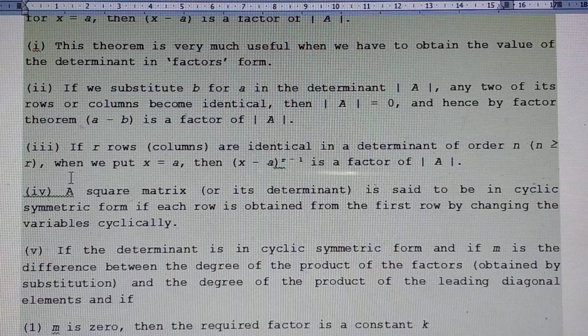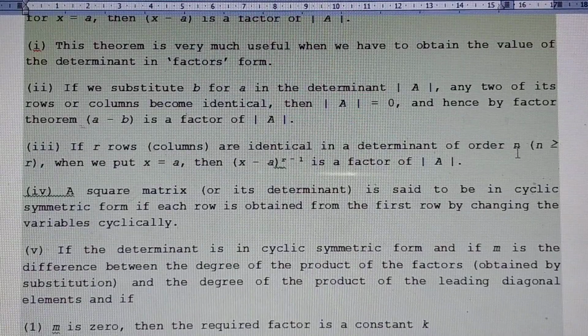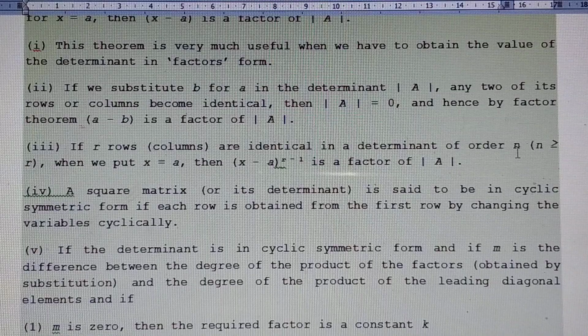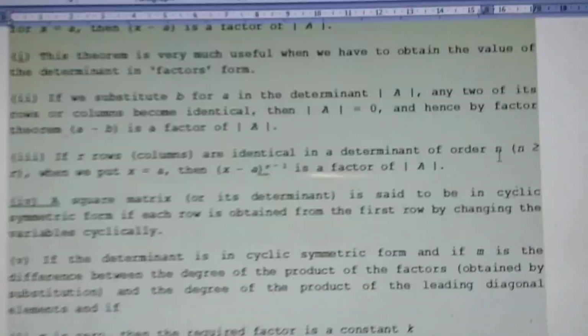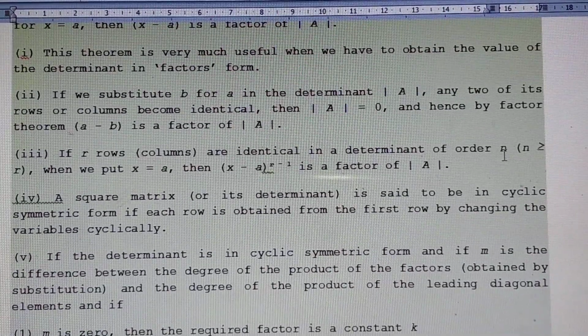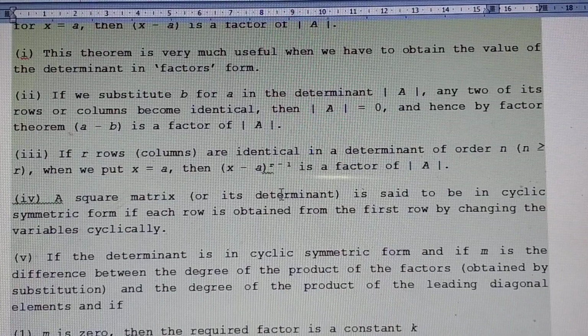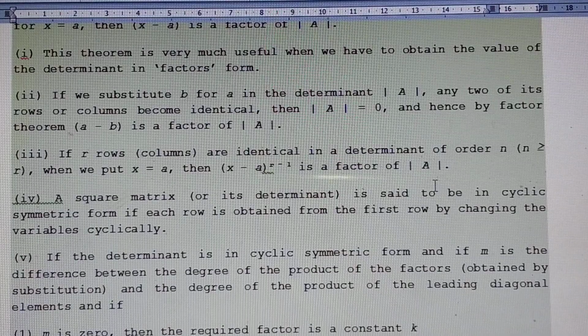Number 3, rule: if r rows or columns are identical in a determinant of order n, where n is greater than or equal to r, when we put x equals a, then x minus a is a factor of the determinant.